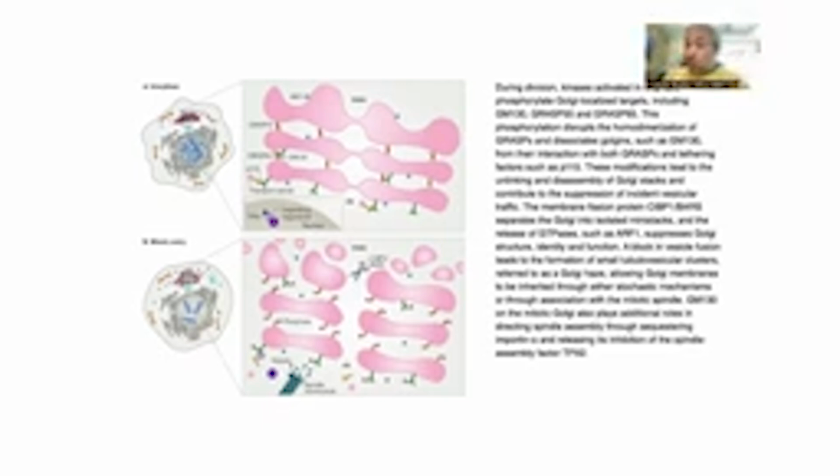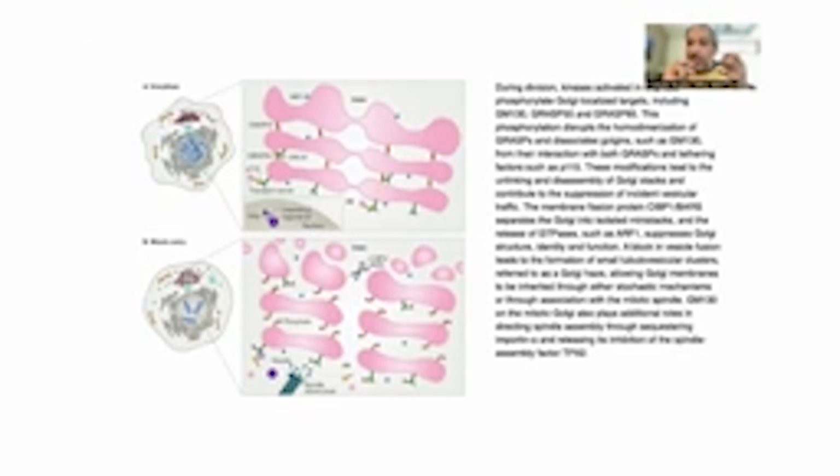The membrane fission protein, CtBP1/BARS, separates the Golgi into isolated mini stacks, and the release of GTPases such as ARF1 suppresses Golgi structure, identity, and function. So proteins like ARF1, which are required for keeping that architecture together, are lost.